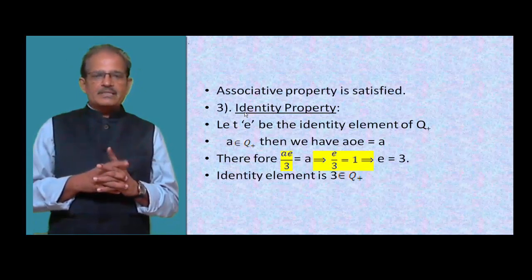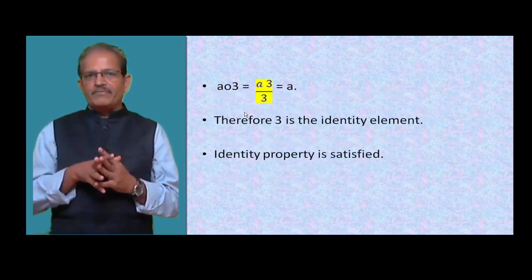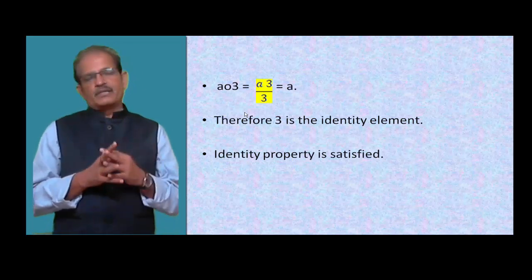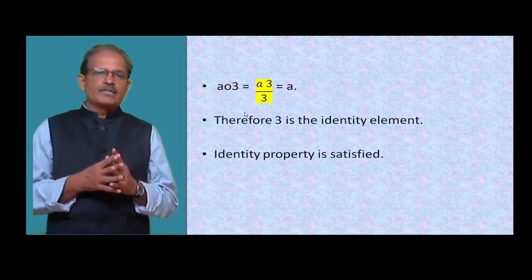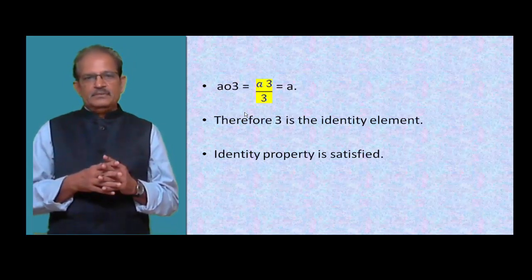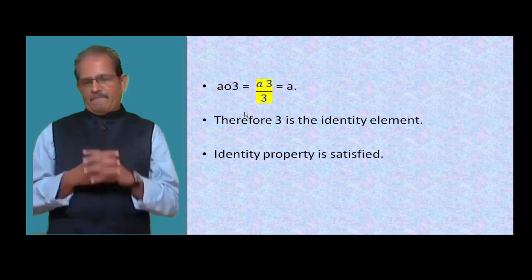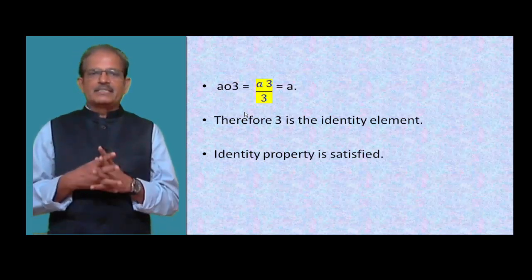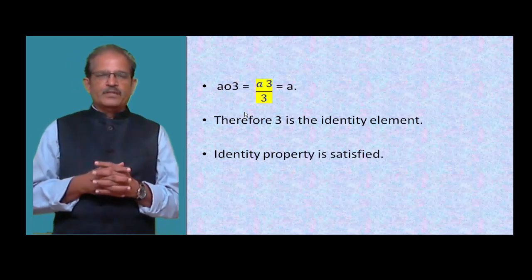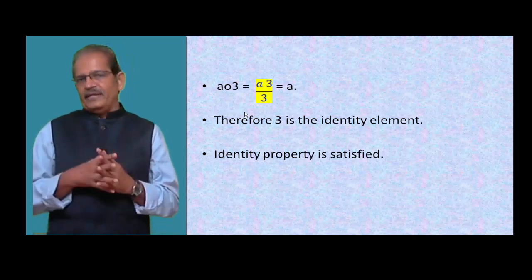So the identity element 3 belongs to Q plus. Suppose you want to verify, A is any element of Q plus, and 3. You take the binary operation AO3. So AO3 by definition is A into 3 by 3. Finally it is A. So that proves 3 is the identity element of the set. So when the identity element exists, identity property is satisfied.